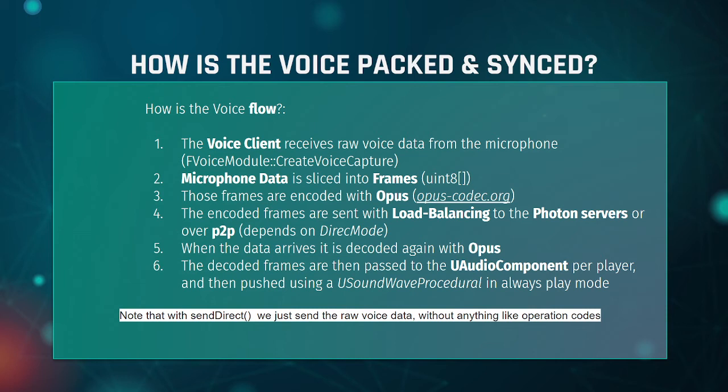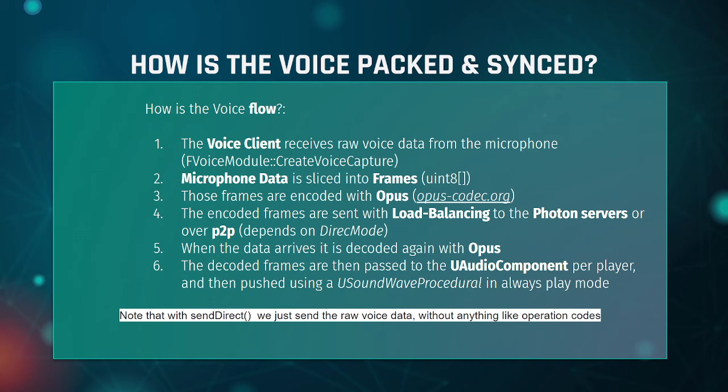Right now the only way is to use their voice server, but we can use the direct mode. That is a peer-to-peer connection, if you want a faster connection between clients that doesn't rely on the server.